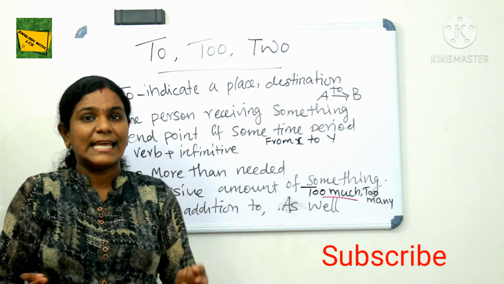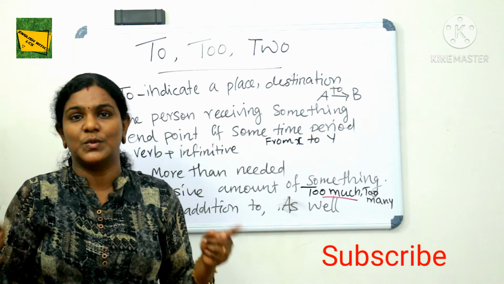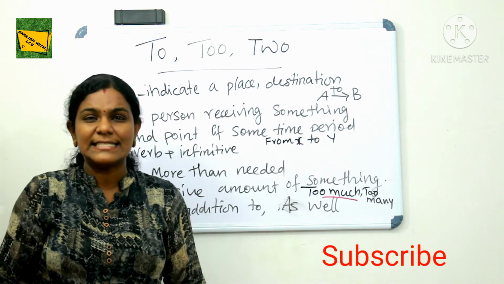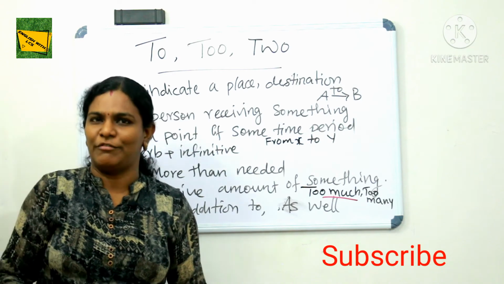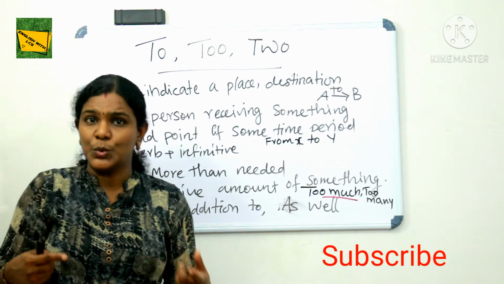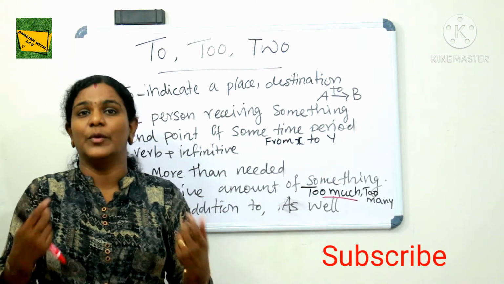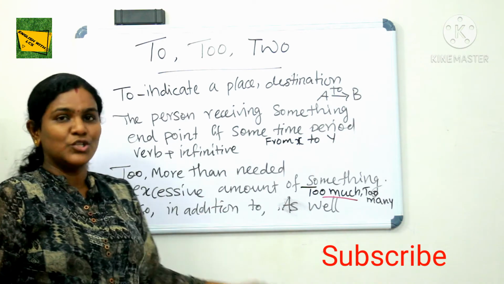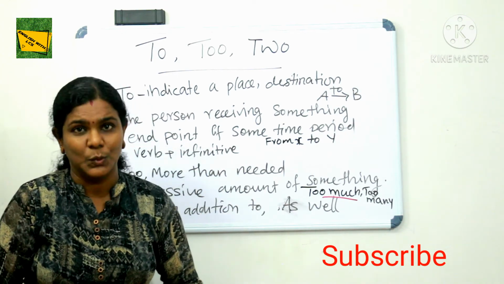So in order to indicate in addition to, we have to use the word too, T-O-O. Could you please serve a slice of bread too with this coffee? Or can you give me a cup of tea too with this biscuit? So these are the examples. If we wanted to say in addition to something, we have to use again the word too.